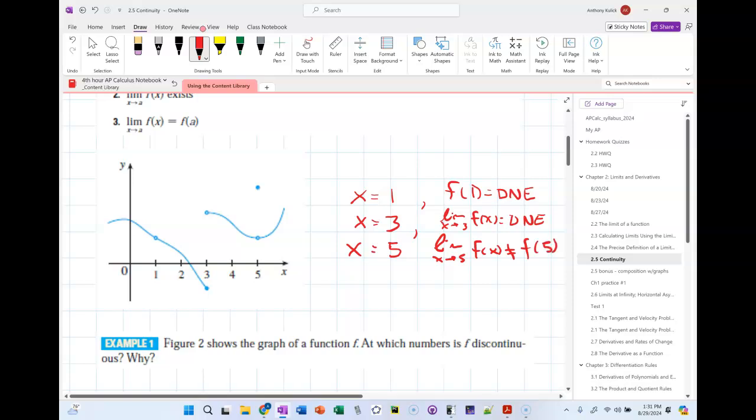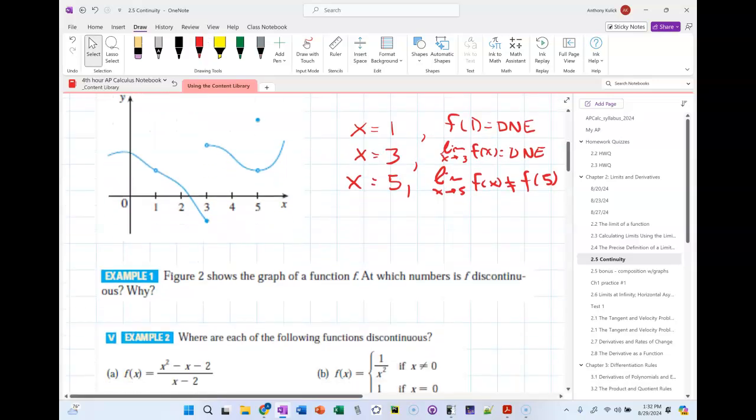Because the limit looks like it's 1 and f of 5 looks like it's 3 or something. There's no scale on the y-axis, so we're just kind of guessing, but clearly they're not equal. Everybody's cool? We understand how to use the definition here a little bit? Okay.